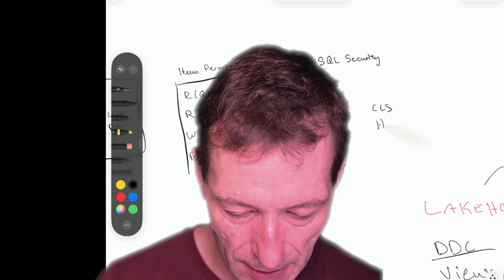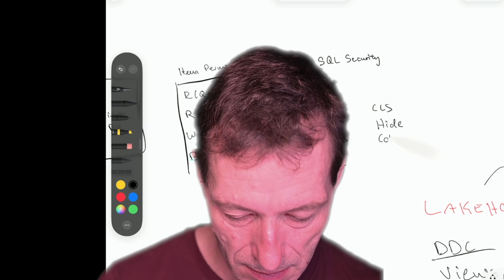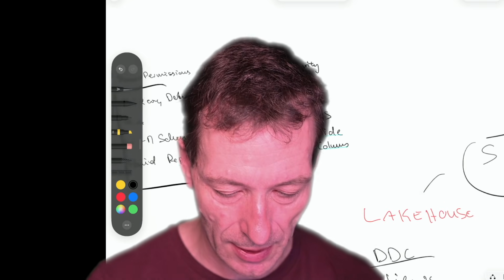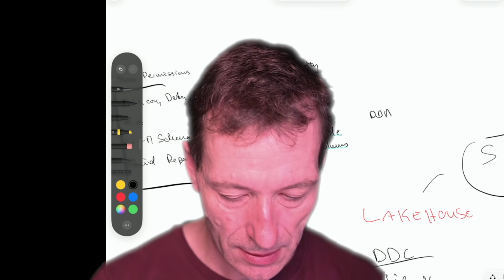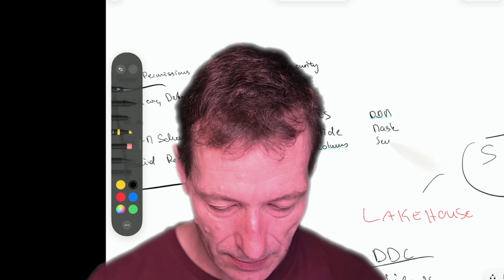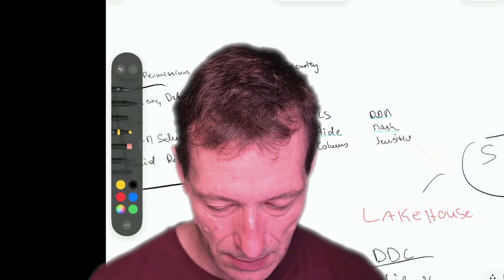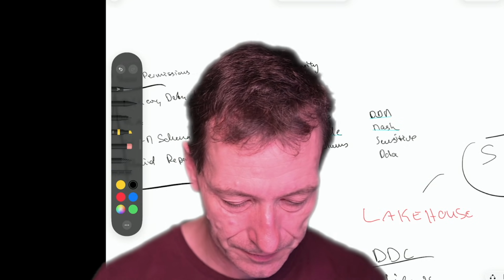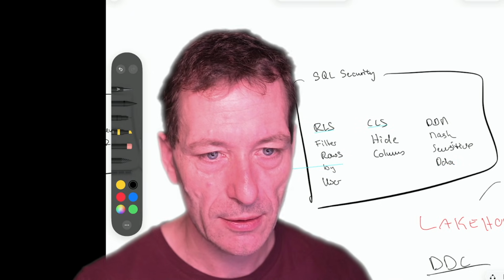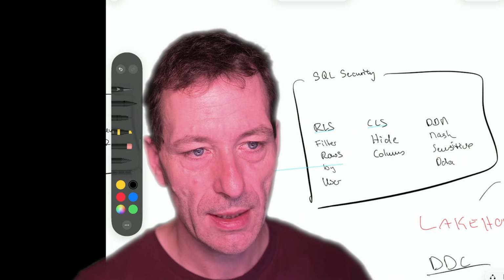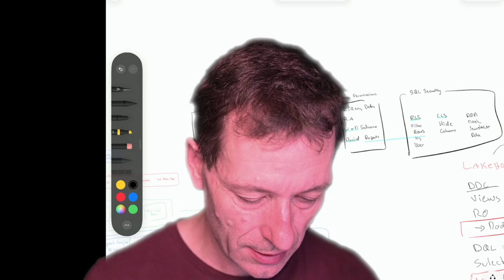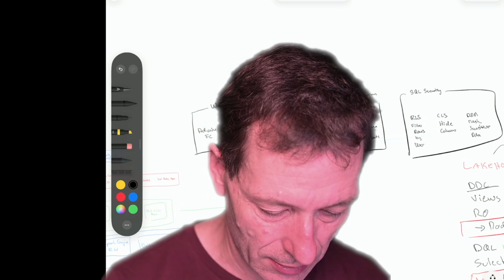You have column level security. This means hide columns. And you have dynamic data masking, DDM. Dynamic data masking means mask sensitive data. So this is like the SQL security layer. And all these three are combined in Fabric. So all these three define our Fabric security layer.